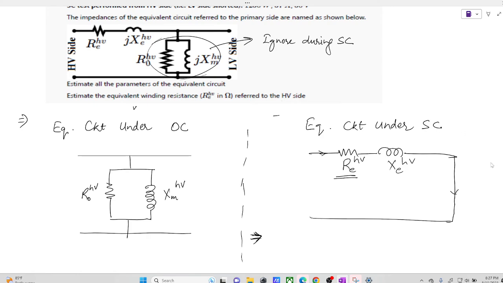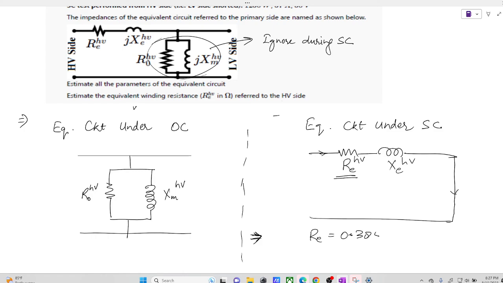What answer have you got? 0.38 ohm. Okay, right. Others? 0.384 ohm. 0.385 ohm. Fine. What is RE?